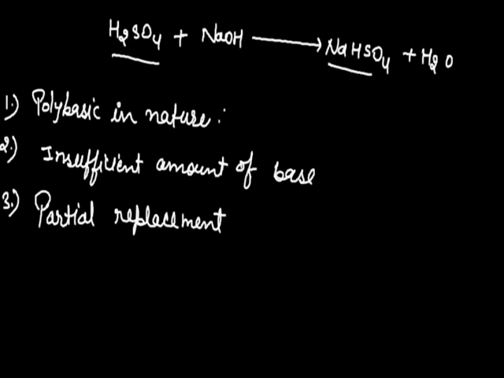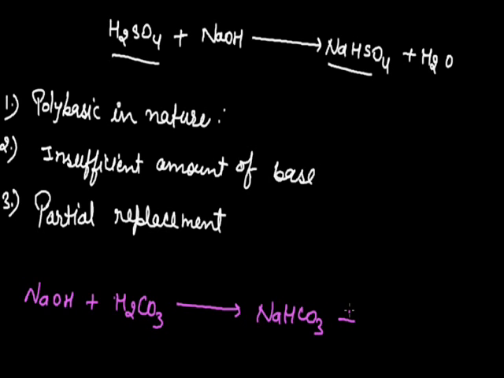Now, next example is if we have NaOH and the acid is H2CO3, we can see that the acid is polybasic, that is dibasic in nature, because H2CO3 has the tendency to give 2 H plus ions. That's why we can say that H2CO3 is dibasic acid. And when only one hydrogen is replaced, it will form NaHCO3 and H2O.